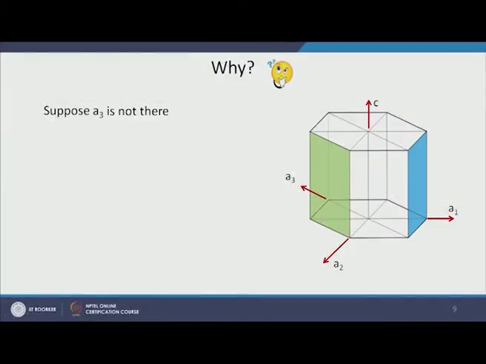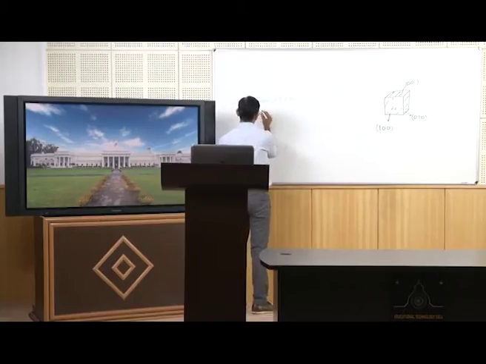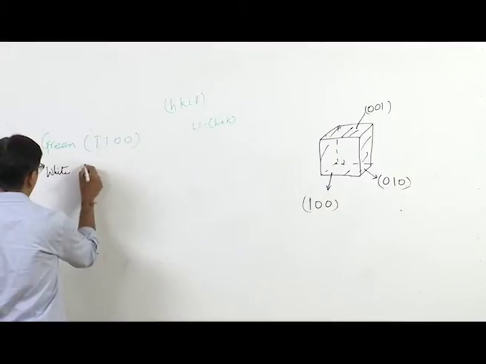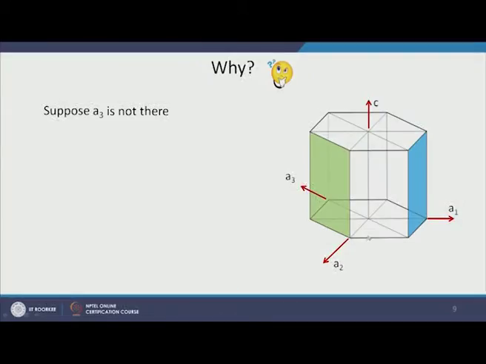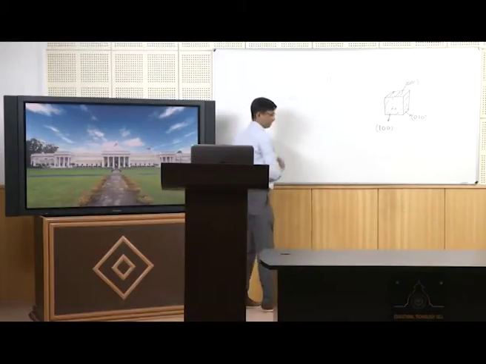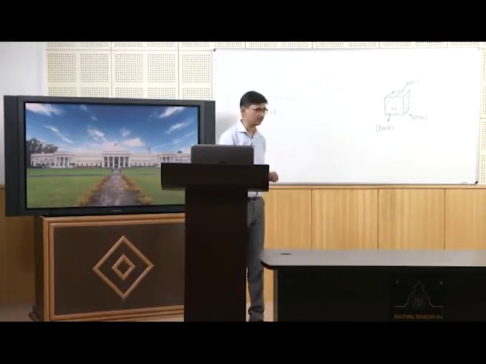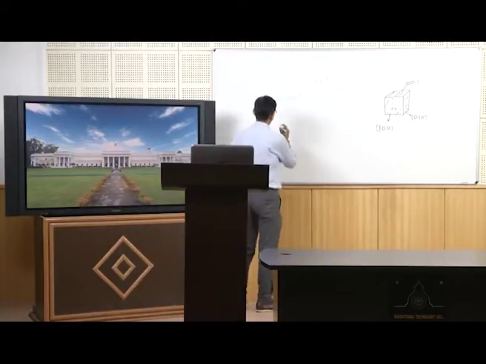Okay. Now, let us say the white one, which we had a problem with last time. What will be the indexing? It is cutting A2 here and it is cutting A3 in the negative unit length here. And it is parallel to A1, which we saw last time also.